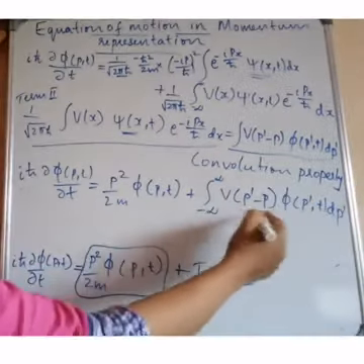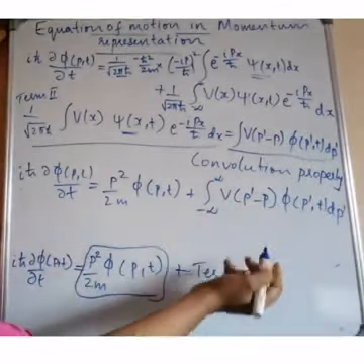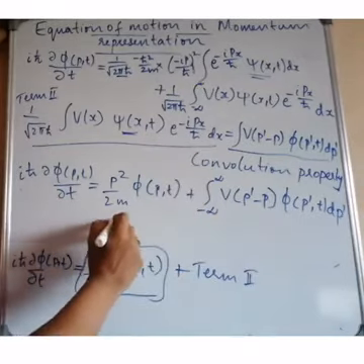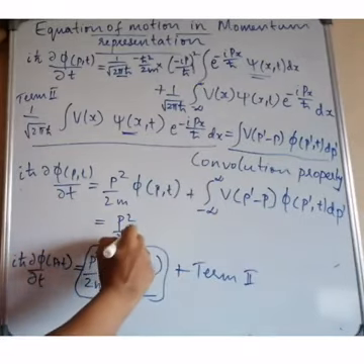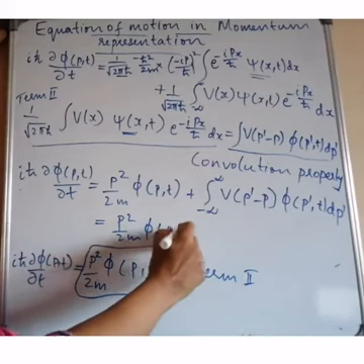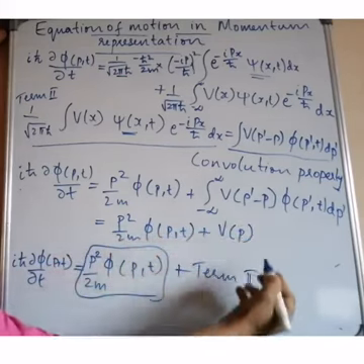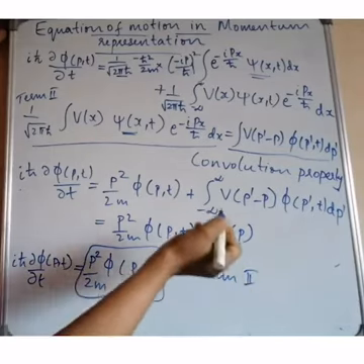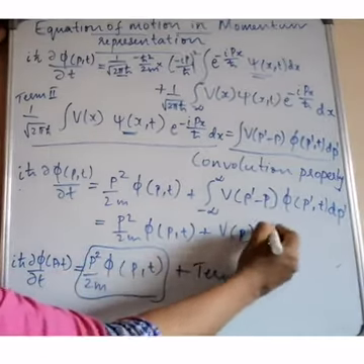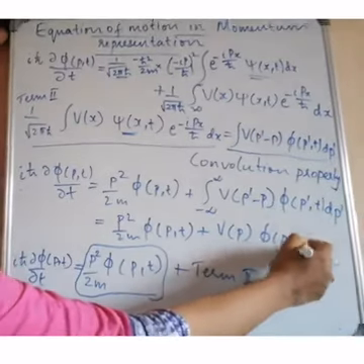So this is ultimately giving the potential part. So in effect it turns out to be p square by 2m phi of p comma t plus, this is something like a function of potential energy in momentum representation into phi of p comma t.